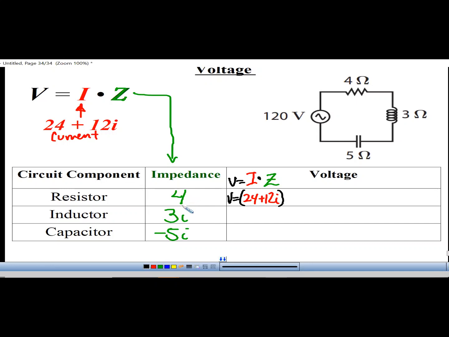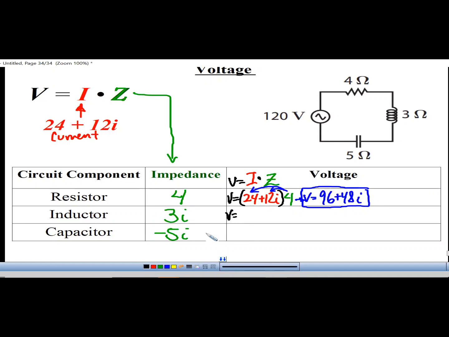What is the impedance? 4. Once I have that, now I just need to do distribution. 4 times 24 is 96. And 4 times 12I is positive 48I. And that's the voltage going through the resistor. You're like, oh, this is easy. Yeah, all we have to do is know what we're looking at in the impedance. Let's do the next one.